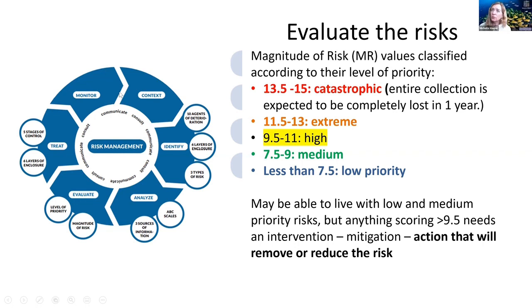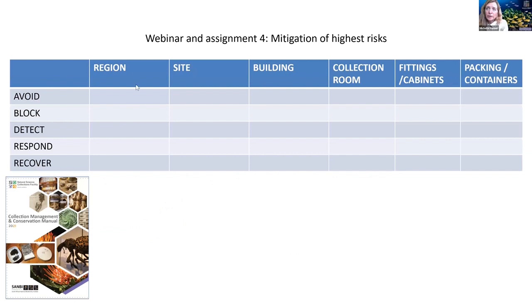So this plan also has to consider what we looked at, what we found, and what we decided to do about the risks. So in assignment 4, go back to the webinar and look at what you said for the mitigation of the highest risks.